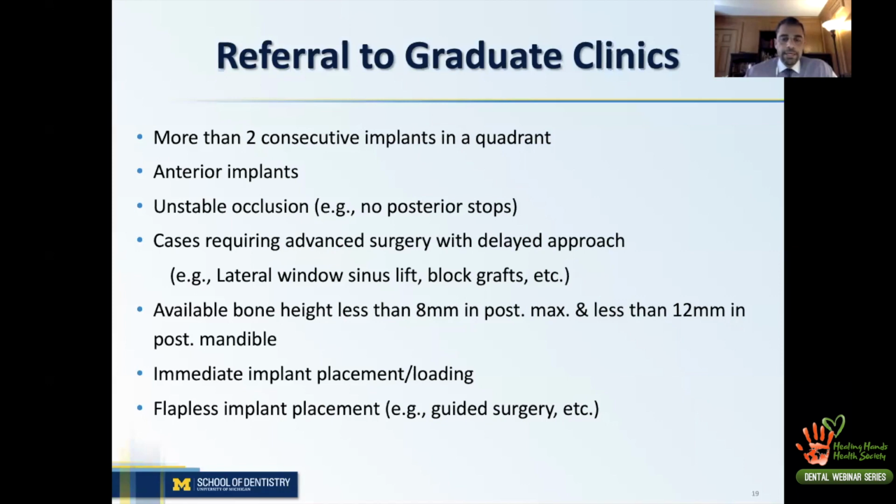And we can do an osteotome, a vertical approach, sinus lift simultaneously with the implant placement. And that would require that we have about 8 millimeters or so of bone. So those procedures could be done. And this would not lengthen the healing time. And then in the mandible, we like to have about 12 millimeters so that we have a 2 millimeter safety zone between the implant and the inferior alveolar nerve, since our implant cases are in the posterior mandible.